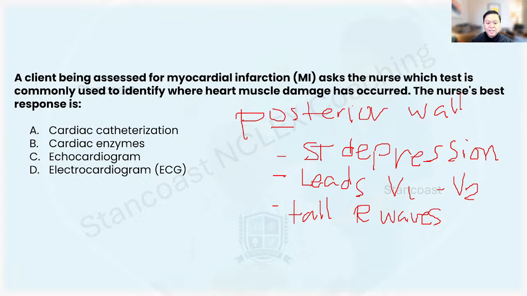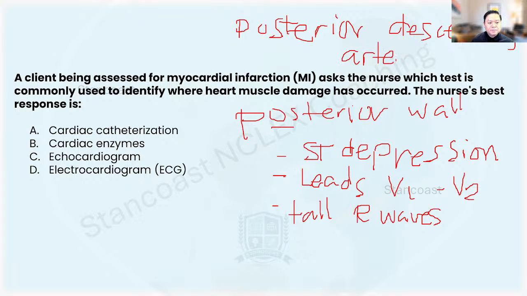And we're still talking about the posterior wall. Again, the reason that the patient may have a posterior wall MI is because of the occlusion in the posterior descending artery. We are looking at the back side of the heart, onto the left side.